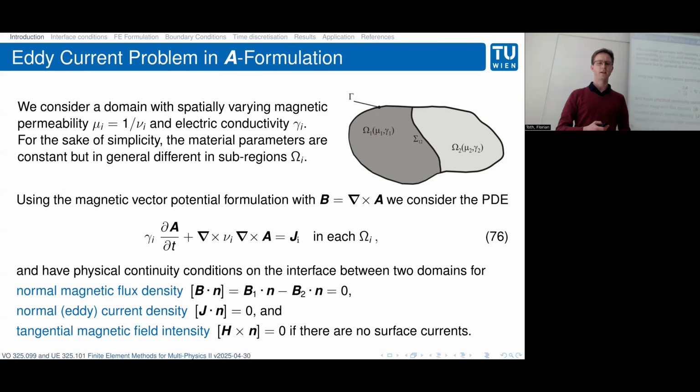And the tangential magnetic field intensity must be zero. The tangential magnetic field intensity is given by the H cross N expression, and this is only zero if there are no surface currents, which is the usual case, let's say.